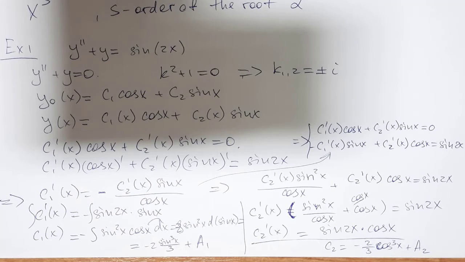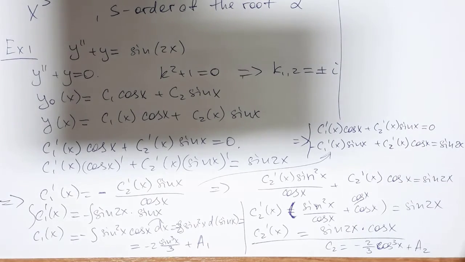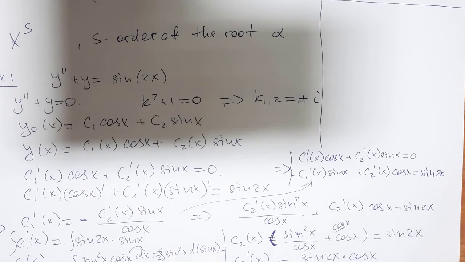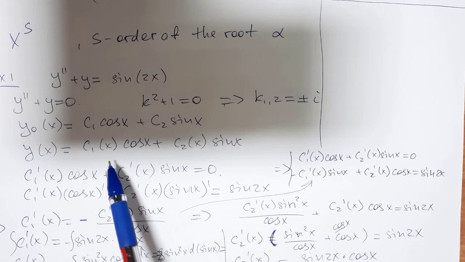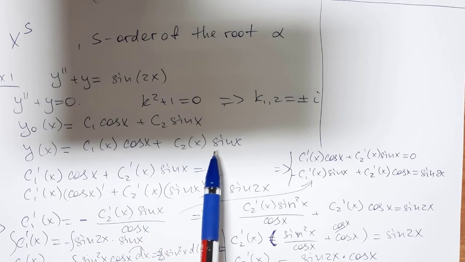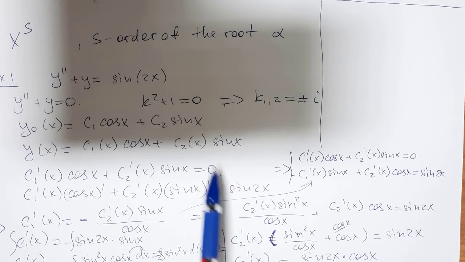Now our answer, let me write here, will be y of x. However, y of x was c1 of x times cosine x plus c2 of x sine x. Now we just need to put in this c1 and c2.